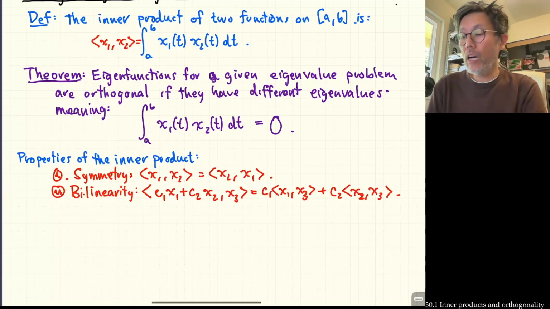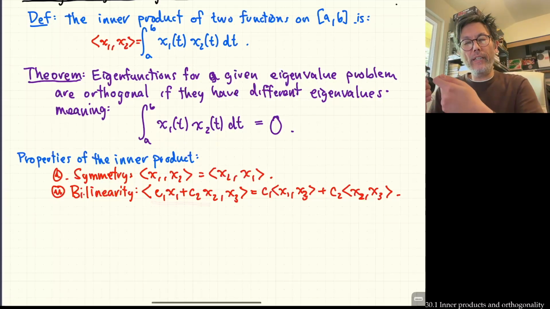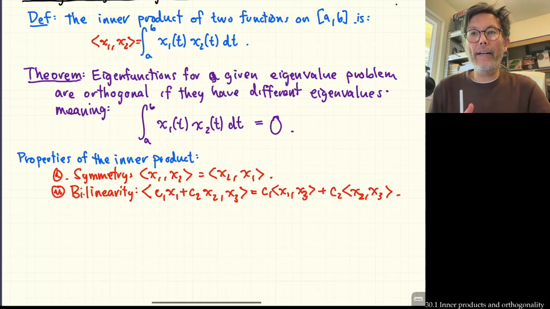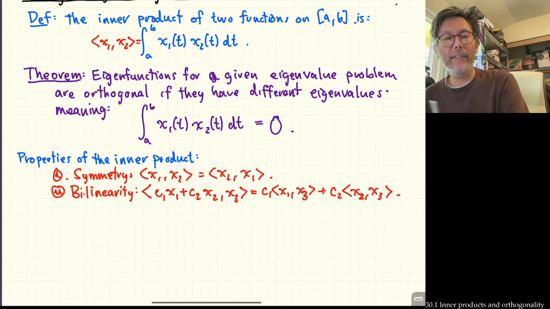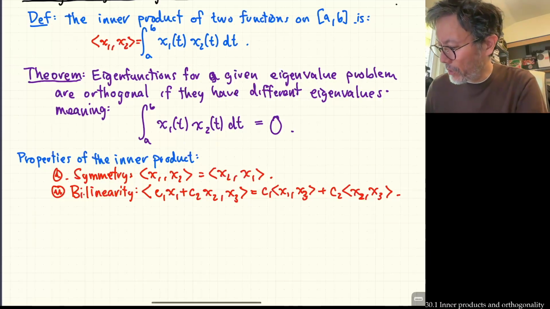Now, we say this is a bilinear property, but only really in conjunction with the symmetry property, because if we only had this property in the first slot of this inner product, which has two slots, then we would say it's linear in the first slot. But symmetry means that it's also going to be true in the second slot, and so we say that it's bilinear. Bi being some kind of Greek prefix or something.